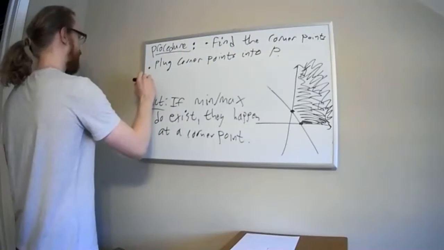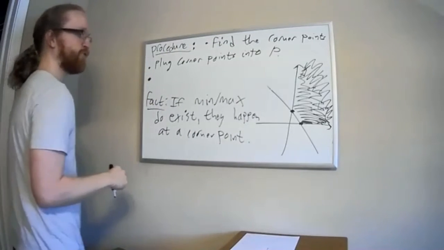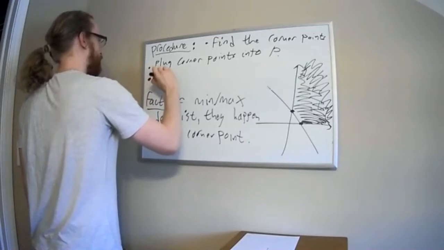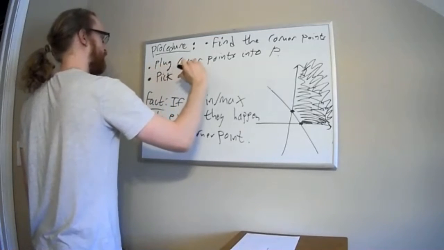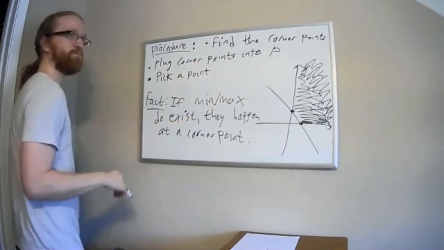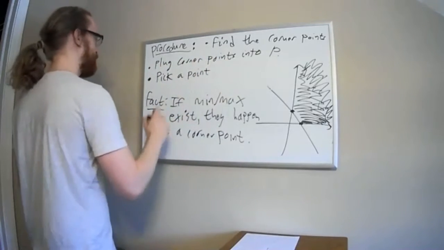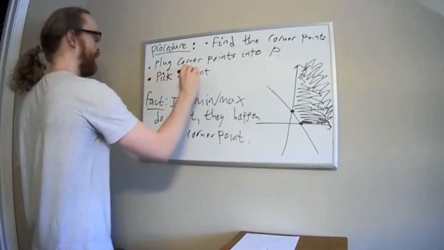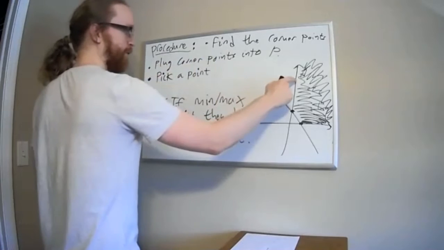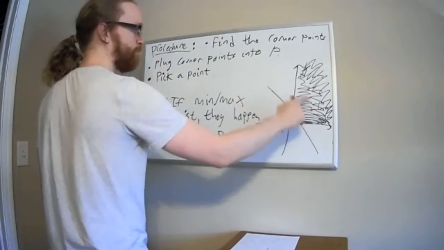But here's the extra step, maybe 2 extra steps: I need to pick a point. I want to pick a point from these parts of the boundary.